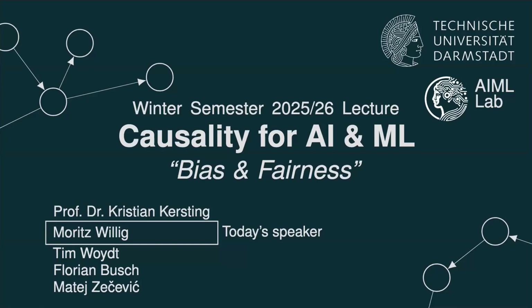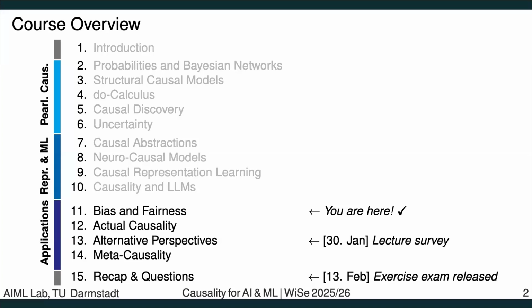So today we will look at bias and fairness, especially with regard to causal models and causality. To give you a brief overview, we had some Pearlian causality basics, then something on representations and machine learning. And now for the last part, I've titled it applications.